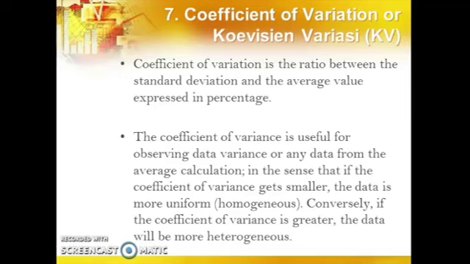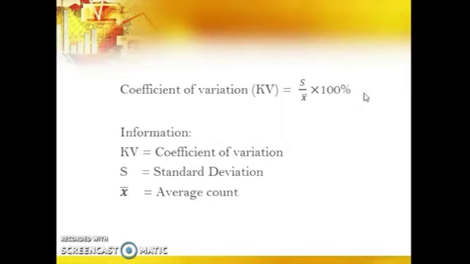Conversely, if it is greater, the data will be more heterogeneous. The formula is KV equals S divided by x bar times 100%. Information: KV equals coefficient of variation, S equals standard deviation, and x bar equals average.